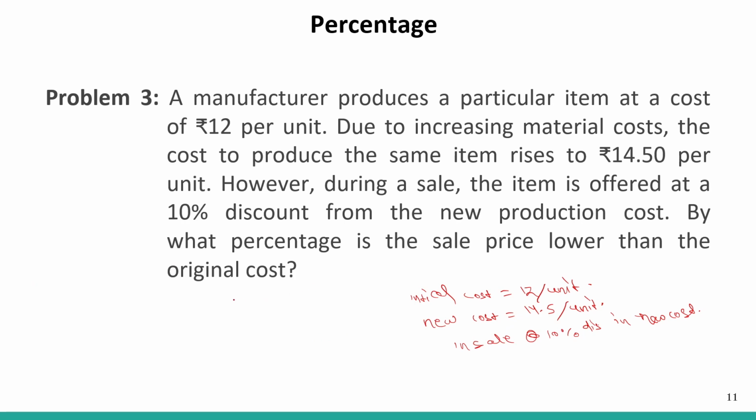Let's see what the price is at the sale time. 10% of the new cost: 10 by 100 into 14.5 is equal to 1.45. With this discount, the sale cost is 14.5 minus 1.45, so this becomes 13.05.